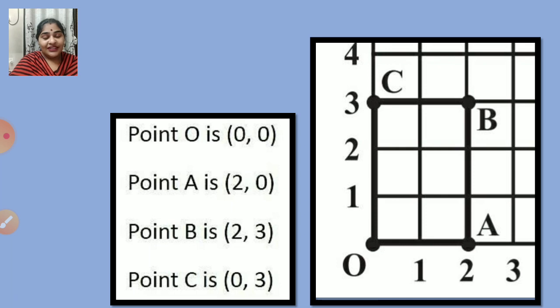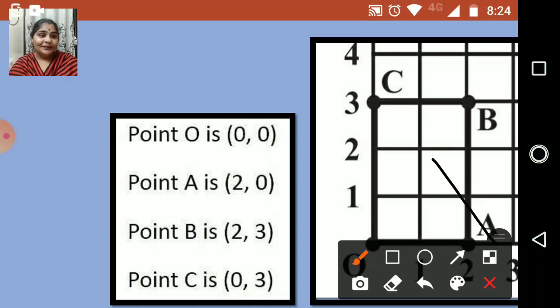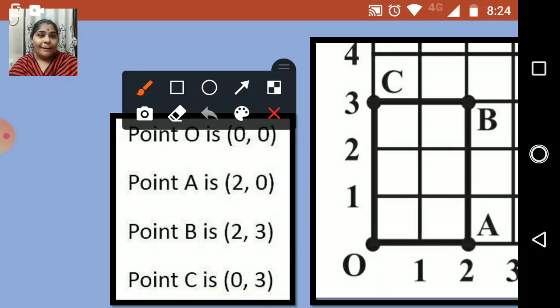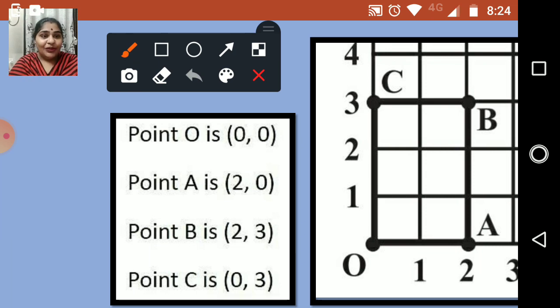So now this was your first picture, children, that is OABC. Okay, so now you can see here. Yeah. So O is nothing but here, children. Okay, so we are not moving anywhere on the x-axis as well as we are not going anywhere on the y-axis.